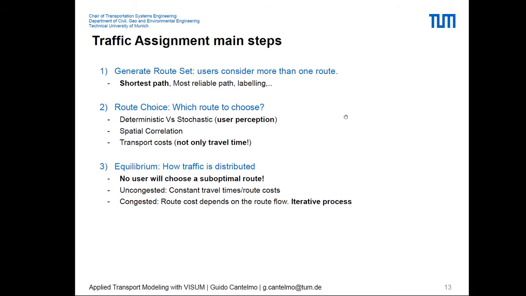If we're talking about a congested scenario, where the route costs depend on the route flows, which means the decisions of other people influence your own decision, then you have an iterative process in which users try different routes, different options, until at a certain point they find the so-called point of equilibrium, in which the travel cost of all the routes is actually the same.